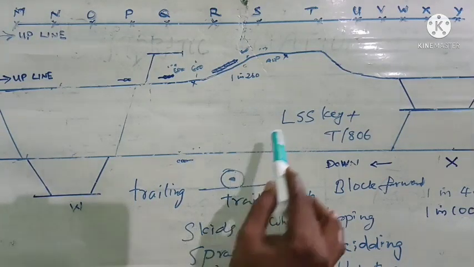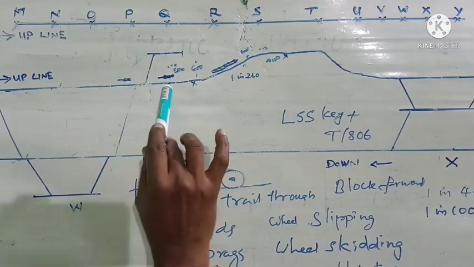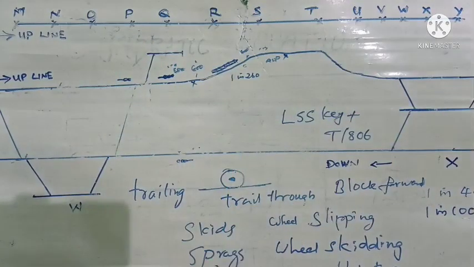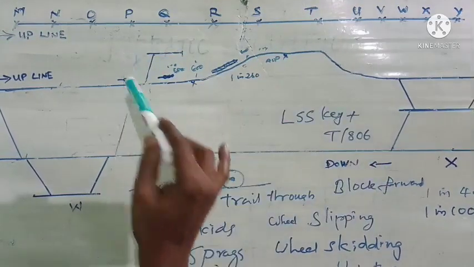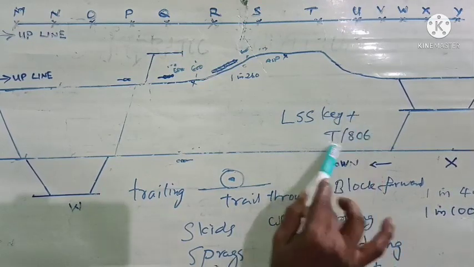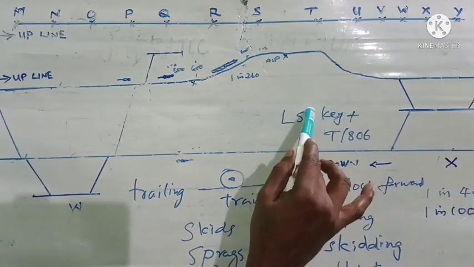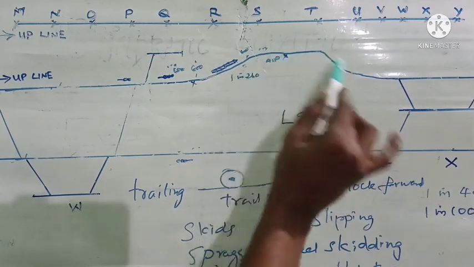Now the LSS key can be extracted from the instrument when the block section is occupied. That means when the block section is occupied, the station master can extract this LSS key, and also if he gives T bar 806 memo, then the shunting can be undertaken when the section is occupied.